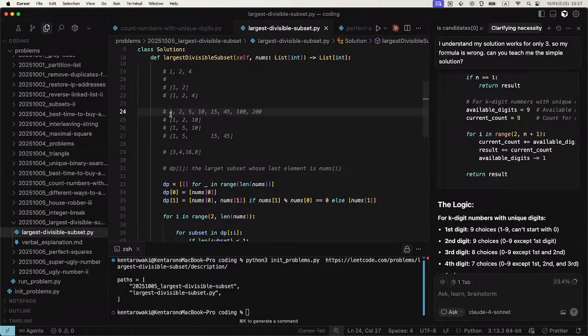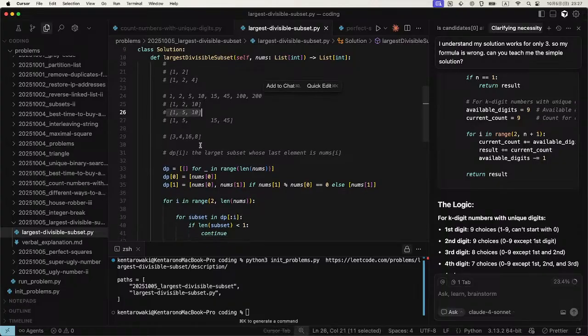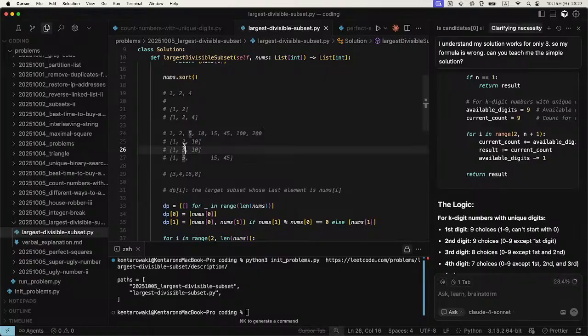So it's like 1, and 1 and 2, and 1 and 5. And regarding 10, we might have two options, but it must be one of them. But we don't care about it, because the important thing is the last element and its size. And the size is the same, and the last element is the same.